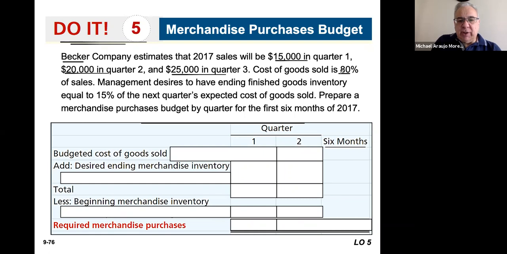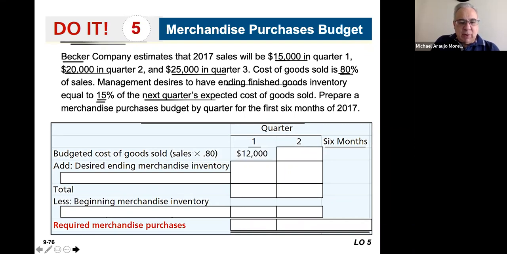Cost of goods sold is 80% of sales. Management likes to have an ending finished goods inventory equal to 15% of the next quarter's cost of goods sold. Prepare the merchandise purchases budget by the quarter. Okay. So again, there's 2 quarters here.